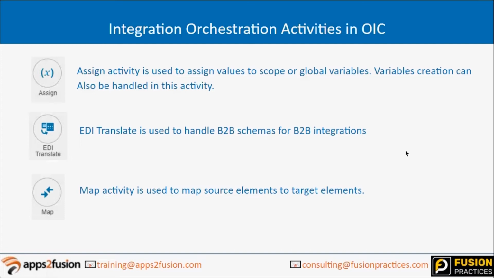But map activity automatically gets created whenever you add a connection to your integration flow. Yesterday, you would have noticed when we added read connection, a map activity got created automatically, right? That gets created automatically. But apart from it, if you want to add a map activity to any of your flow, you can go ahead and use this activity.